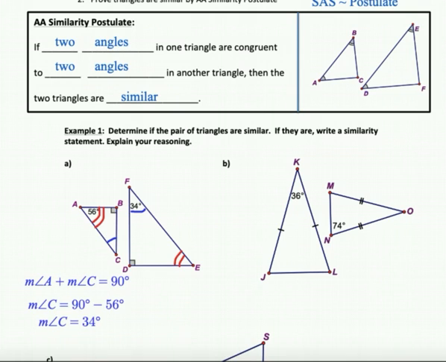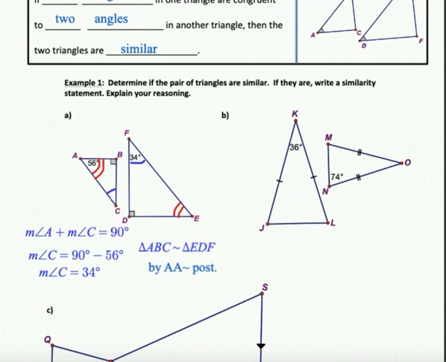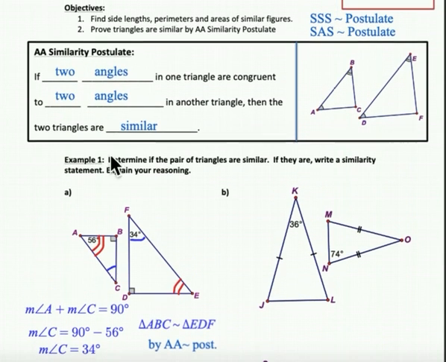So I'll go ahead and write my similarity statement. I can see that angle A matches up with angle E, angle B matches up with angle D, and angle C matches up with angle F. So that means that we have triangle ABC similar to triangle EDF, and we know they're similar by the angle-angle similarity postulate.